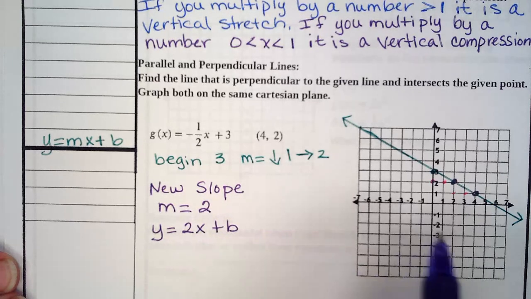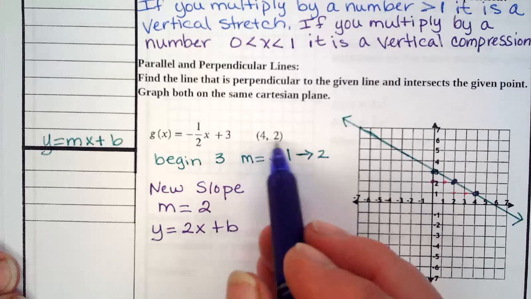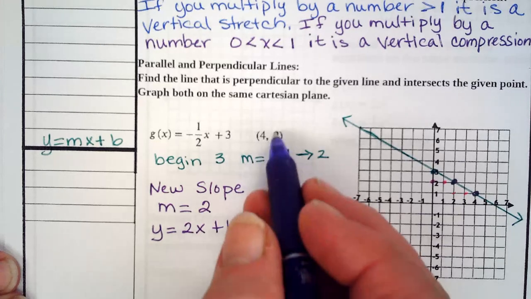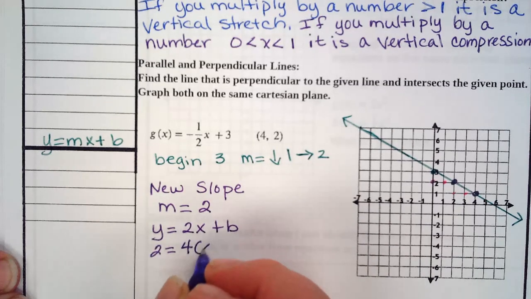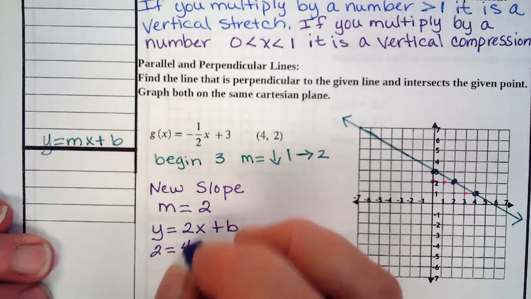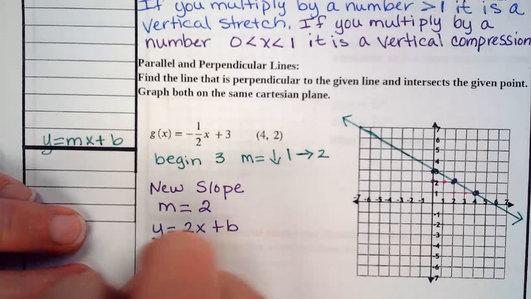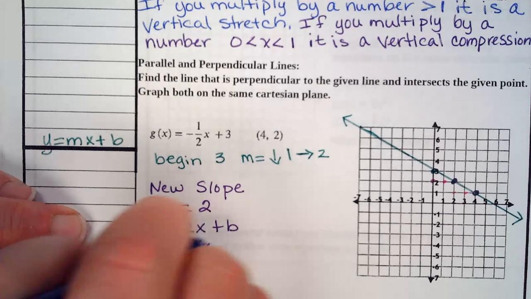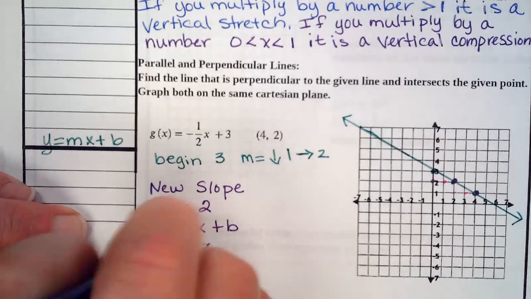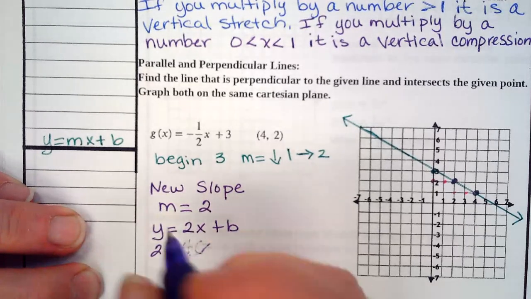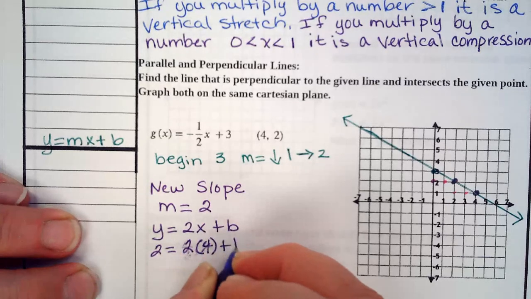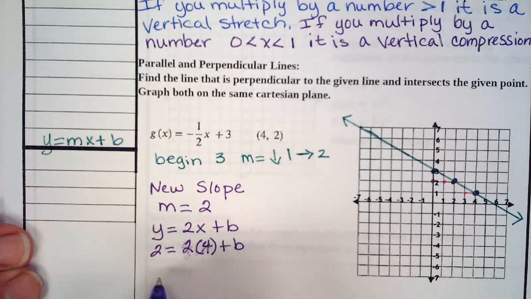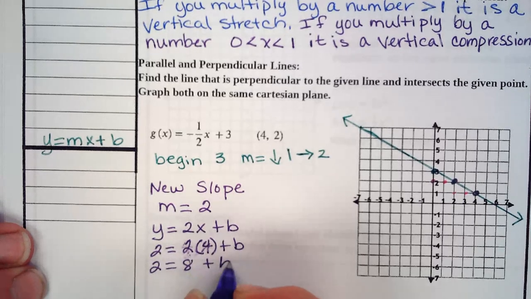Now I've got to find b. I've got an x and a y here, so I'm going to substitute them in. 2 is equal to 2 times 4, we're substituting in the 4 for x, plus b. 2 is equal to 8 plus b.